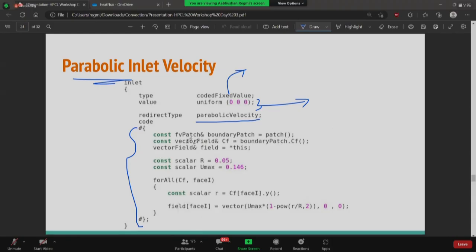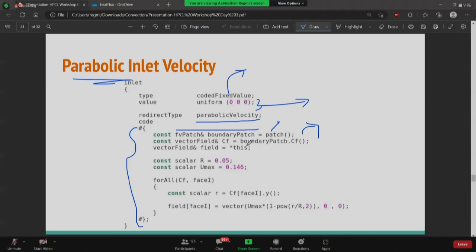This will allow us to code our inlet velocity using C++. So FP path at boundary. From here we are getting all the mesh elements in our mesh using this command, paths.